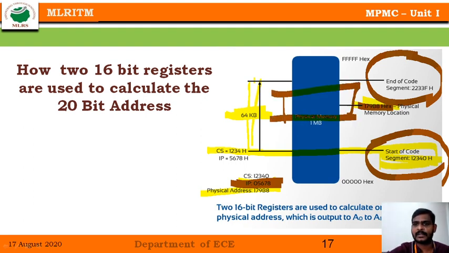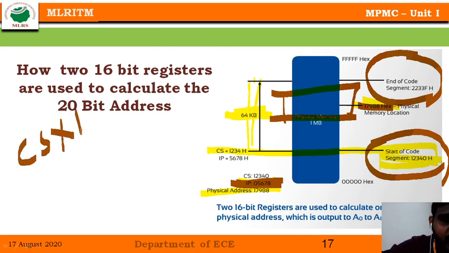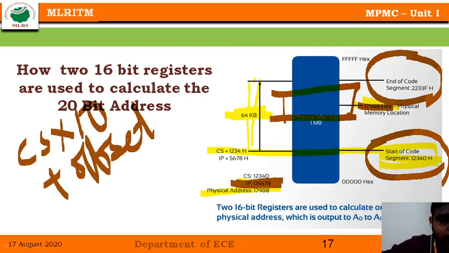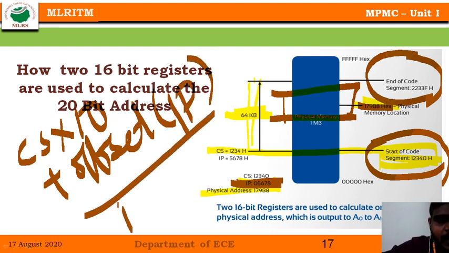So this is the manner in which I can calculate a 20-bit actual address using my two 16-bit registers. Again, I'm reminding you of the formula once more: code segment times 10 plus offset address gives the physical address.